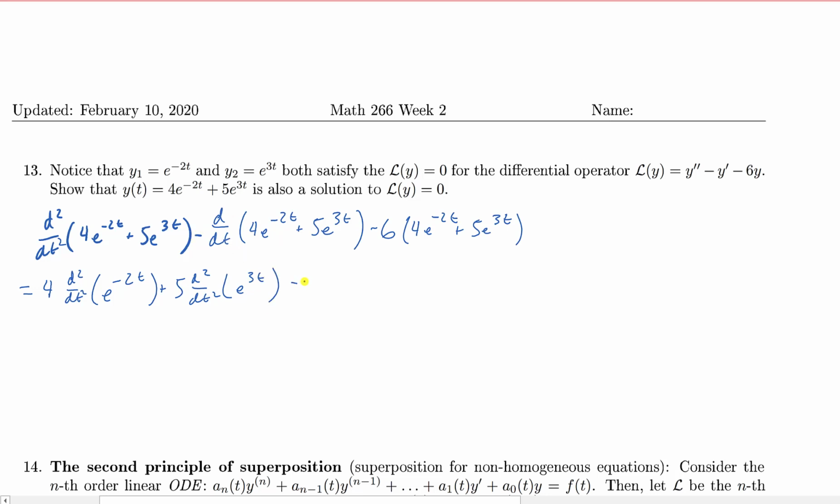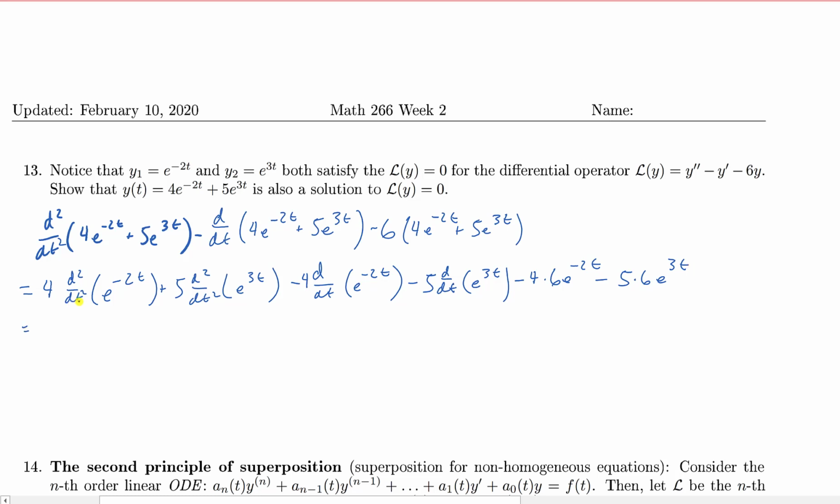That should have had a squared on it. Sorry about that, folks. Same thing here, we get minus, I'm going to factor out the 4, minus d dt of e to the minus 2t, minus 5 d dt of e to the 3t. And I'm not going to multiply this 6 times this 4 or this 6 times this 5, but instead I'm going to go ahead and rewrite this as minus 4 times 6 e to the minus 2t minus 5 times 6 e to the 3t.